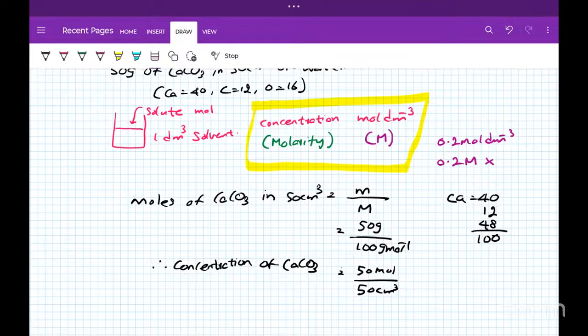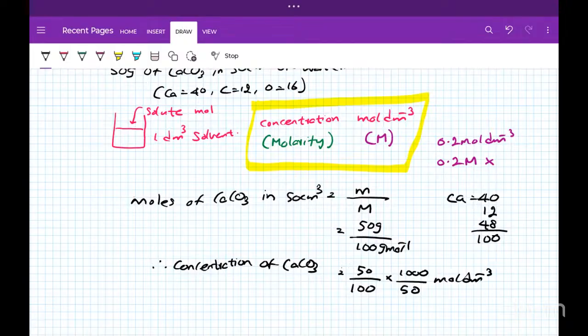Sorry, the 50 grams divided by 100 is the moles. This is within 50 cubic centimeters. How much within 1000? So this is moles per cubic decimeter.